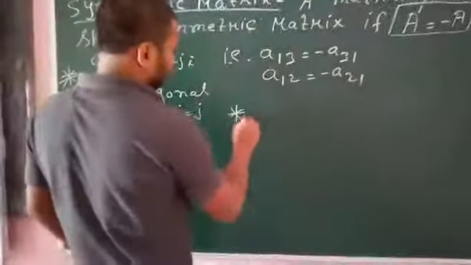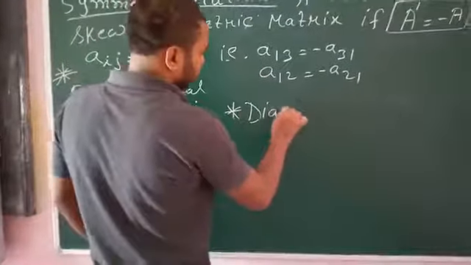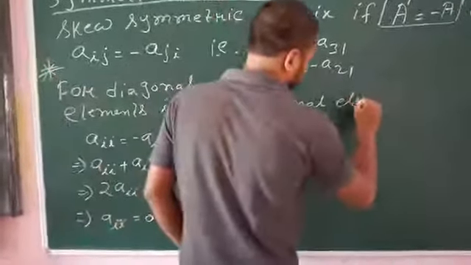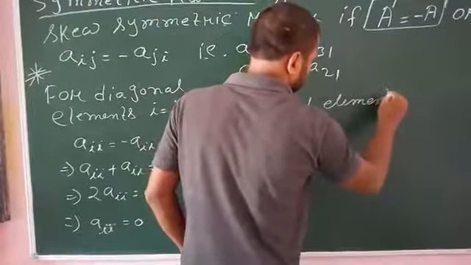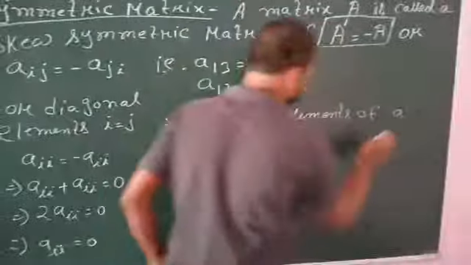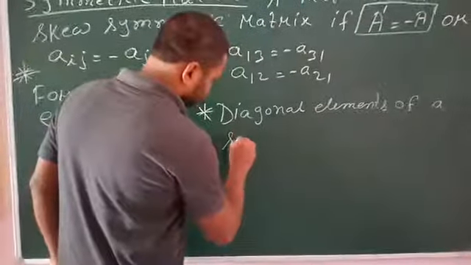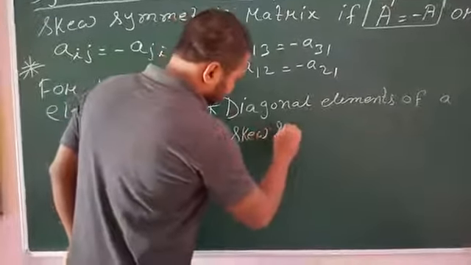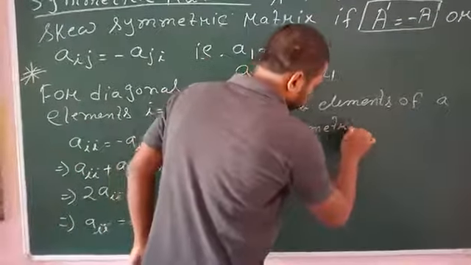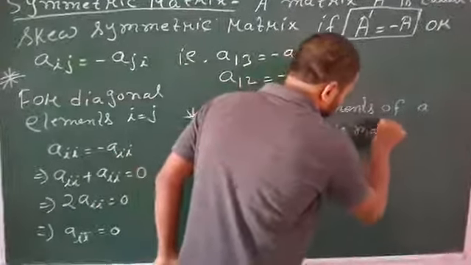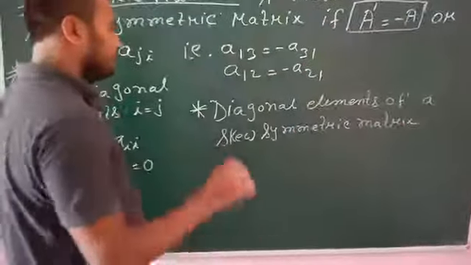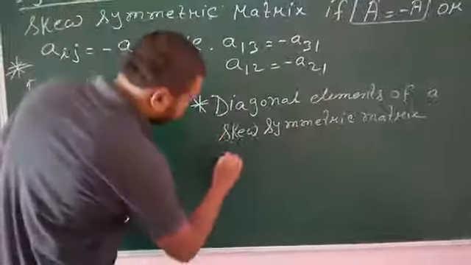So this is a very important point, that the diagonal elements of a skew symmetric matrix are 0.